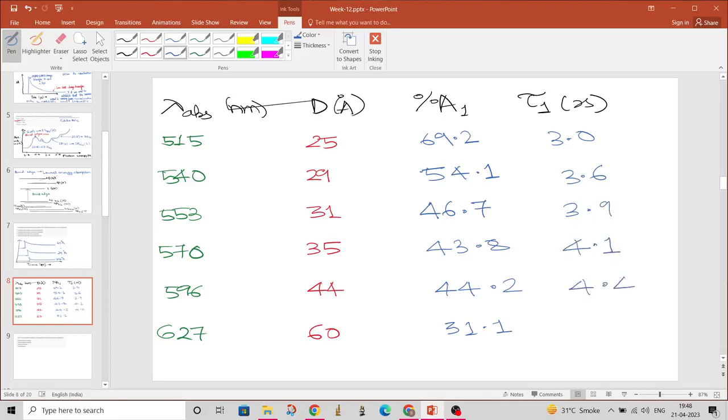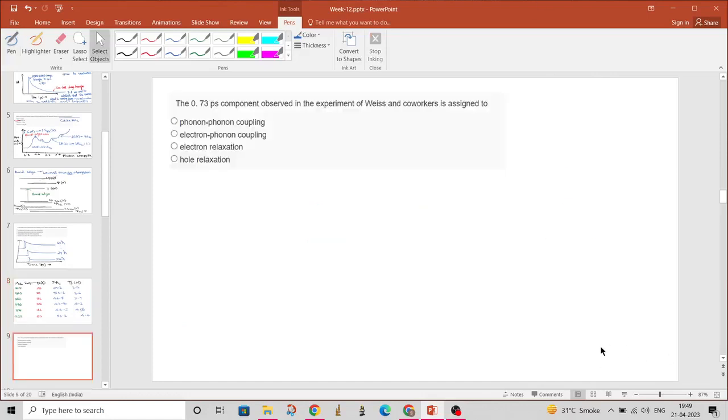For 44 it is 4.3. And for 60 angstrom it becomes 4.6. So as the size increases, the contribution decreases, but the tau 1 increases.